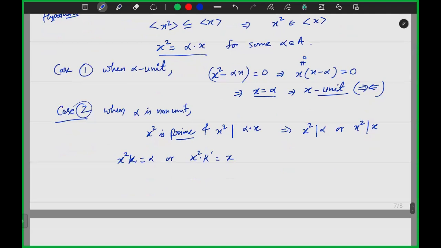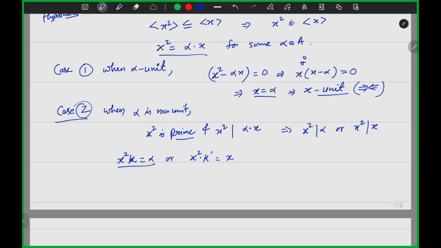Now from the first, what do you get? x square into k is equal to alpha.